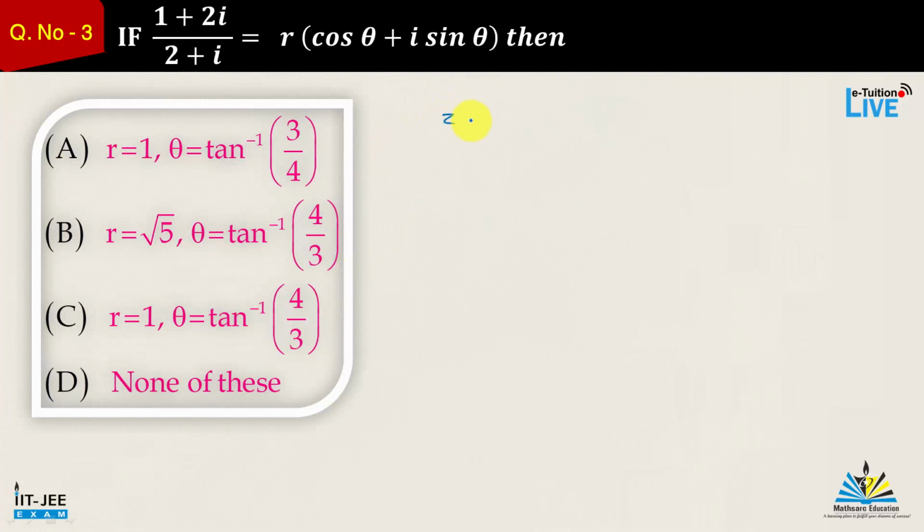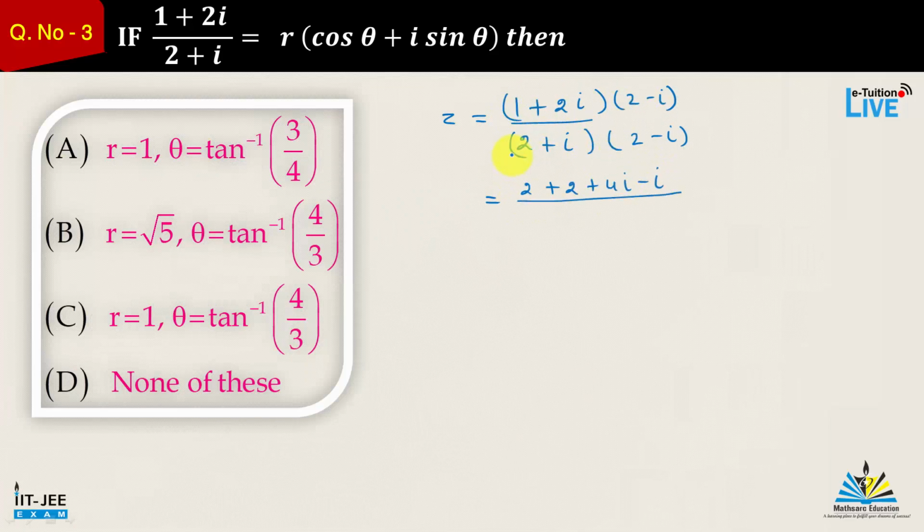Let's first write z is equal to 1 plus 2 iota upon 2 plus iota, and if we multiply it by its conjugate 2 minus iota, then you will see that this is 2 into 1, that is 2, and minus 2i square, that is again plus 2, and here we have 2 into 2, that is 4i minus i upon z into z bar, which is the mod of z square, that is 2 square plus 1 square.